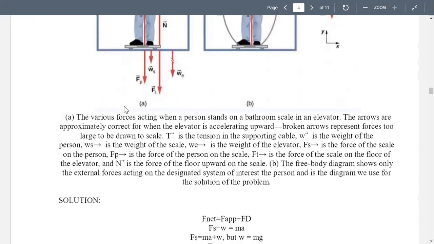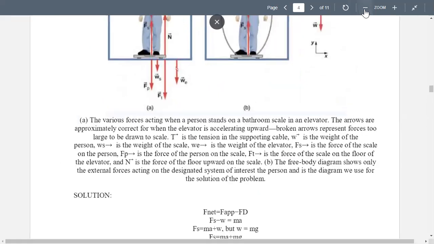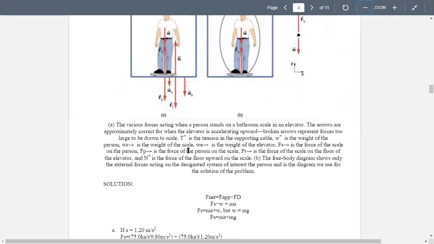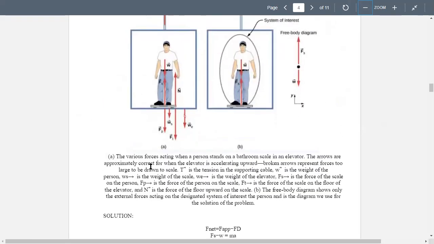The various forces acting when a person stands on a bathroom scale in an elevator are shown; the arrows are approximately correct for when the elevator is accelerating upward. Broken arrows represent forces too large to be drawn to scale. T is the tension supporting the cable. W is the weight of the person.